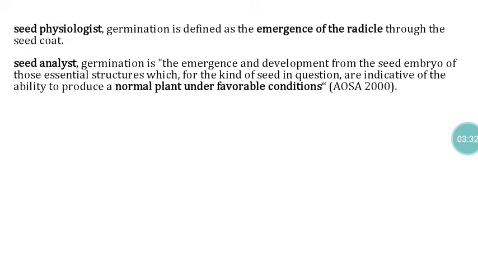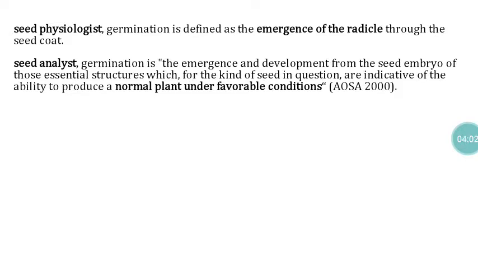This definition was given by the Association of Official Seed Analysts in the year 2000, because they are very much worried about the outcome of the germination. Only if it is a normal seedling will they consider that seed as germinable. If the seedling that comes out of the seed through the germination process is abnormal, they never consider that particular seed as a germinable one.